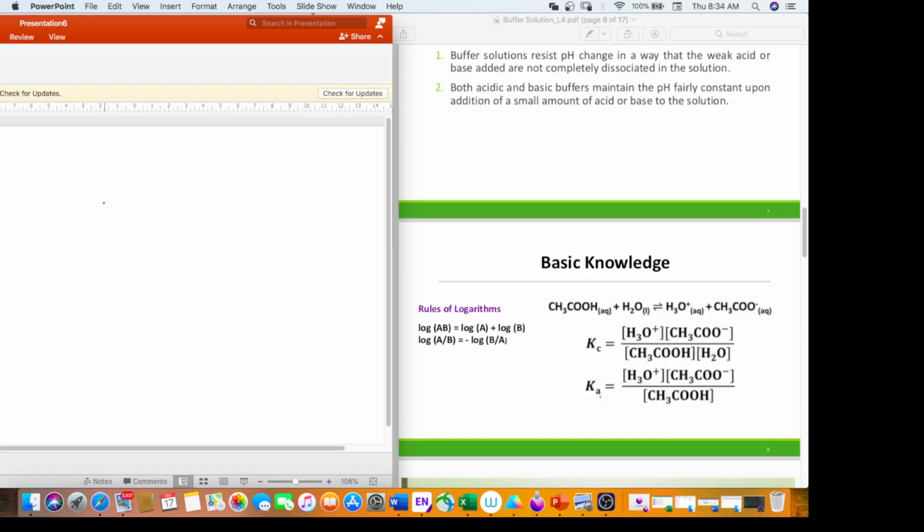Okay, so suppose you are putting 100 of the weaker acid here. From here you may get maybe 1 proton or 2 protons. If you get 1 proton, how many A minus ions will you get from here? 1, sir.